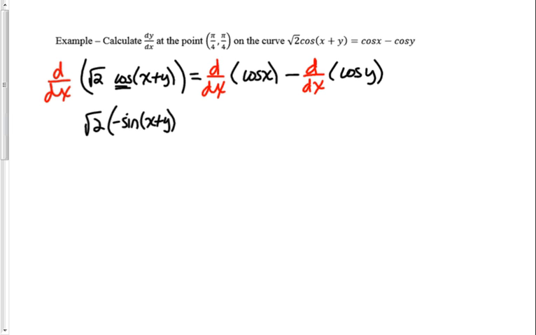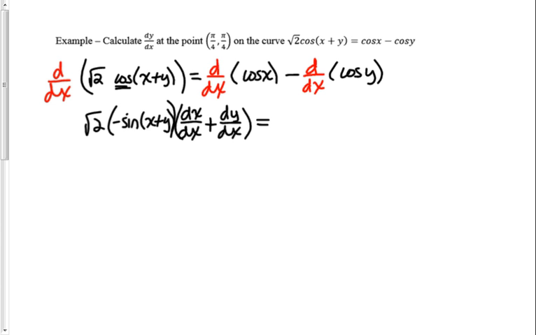The derivative of x is dx dx, and the derivative of y is dy dx. So that's the derivative of that first term. Again, the constant came down. The derivative of cosine is negative sine of x plus y times the derivative of the inside, which is dx dx plus dy dx.